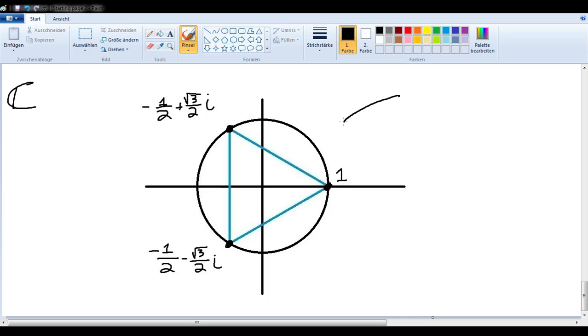So we have here the famous unit circle with the 3 cube roots of unity forming a triangle.